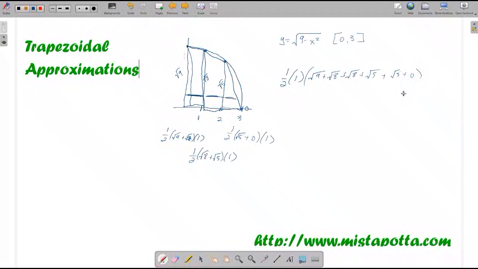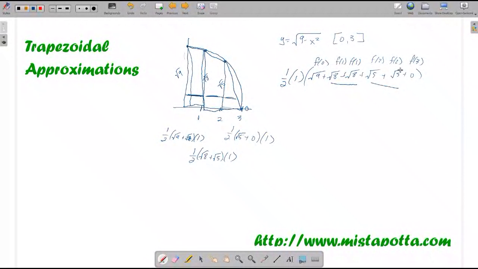And there's two ways that I want to take a look at this. One way I can take a look at my trapezoidal approximation is that every one of these is really f of 0, f of 1, f of 2, and f of 3.